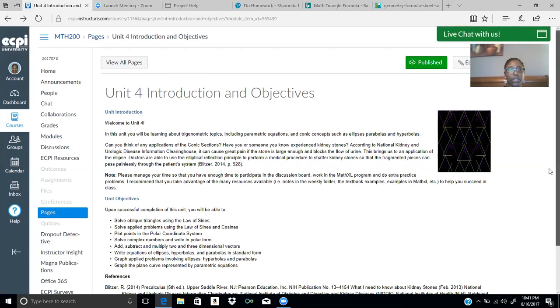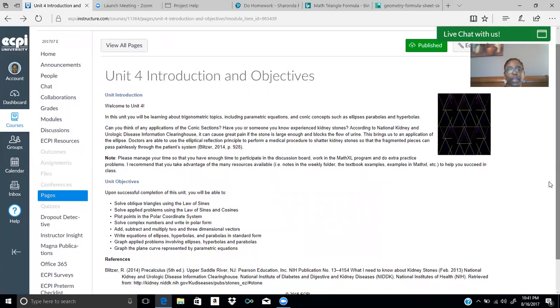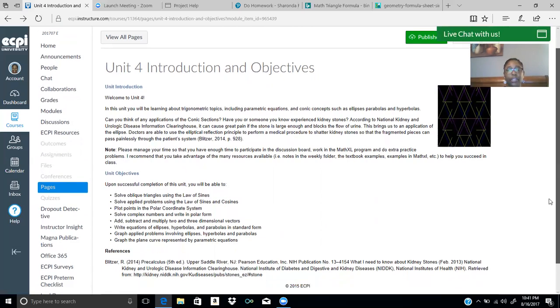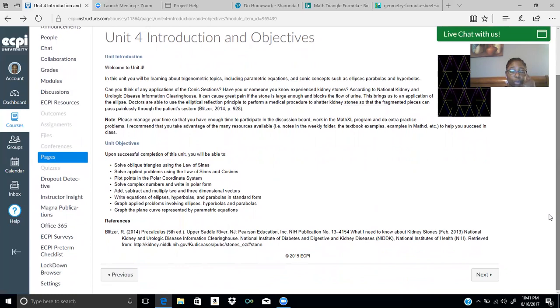All right, so that's what you're dealing with within unit 4, which deals with the second part of the trig, and then gets into the conic sections. So for week 4, you have, again, 2 homework sets, and you have the discussion. The discussion is related to the conic sections, okay?